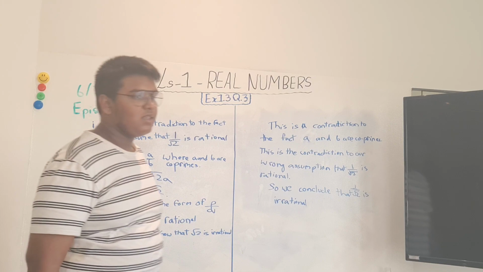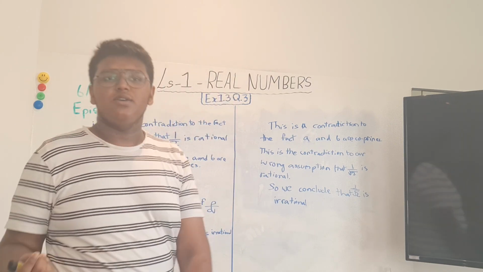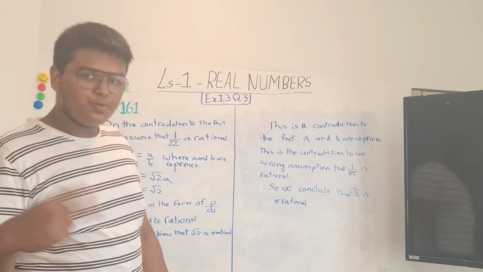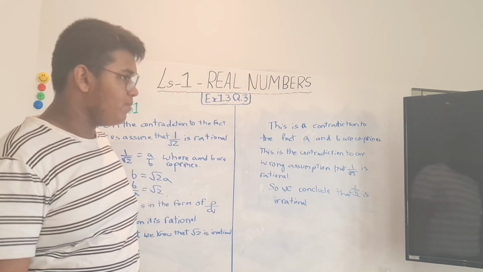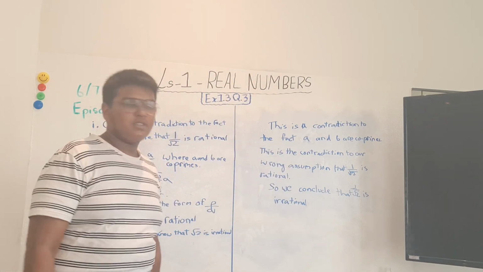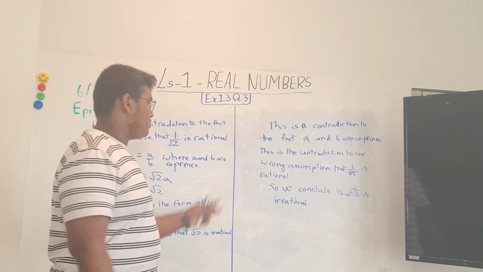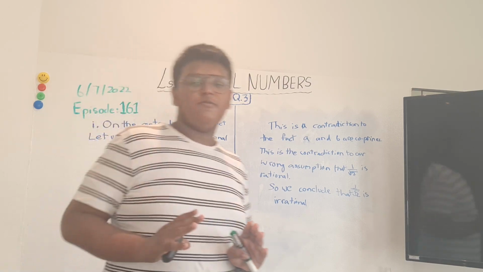Now here they are saying this is the contradiction to the fact. First of all, there are 2 reasons to prove that 1 by root 2 is irrational. The first reason is that a and b are co-primes, so they won't have any common factor.